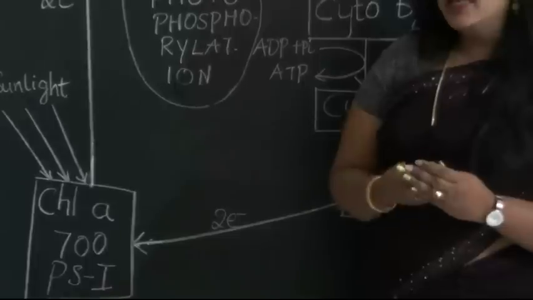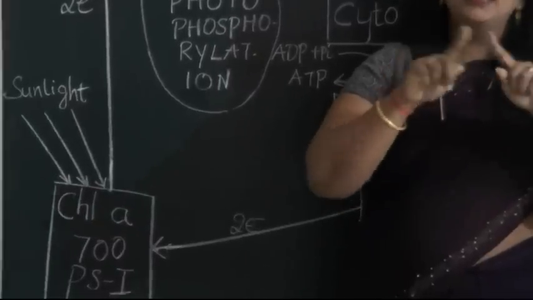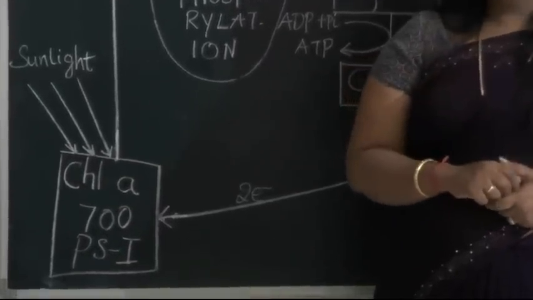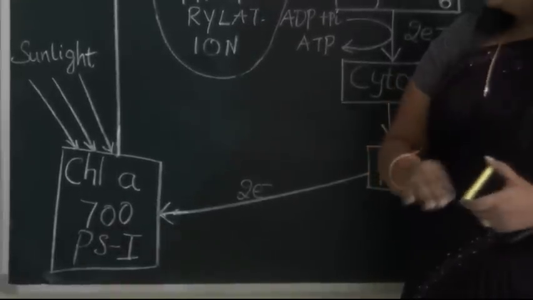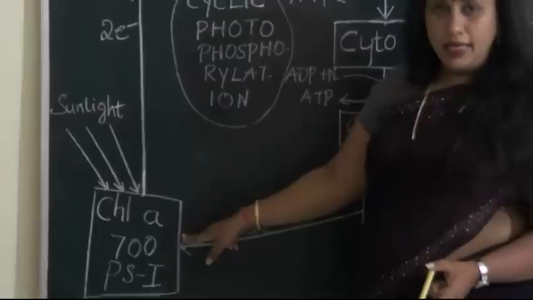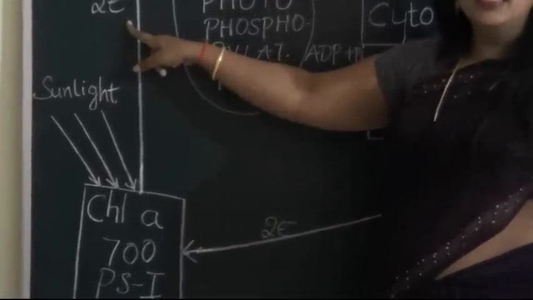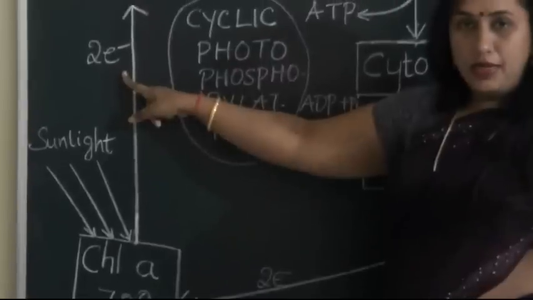The electron gets excited. Now, it is the electron present in the outermost shell, so it has no other place to move. Then it gets expelled from this chlorophyll A. The two electrons get ejected from this chlorophyll A.